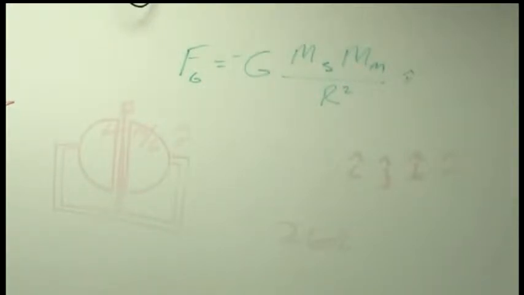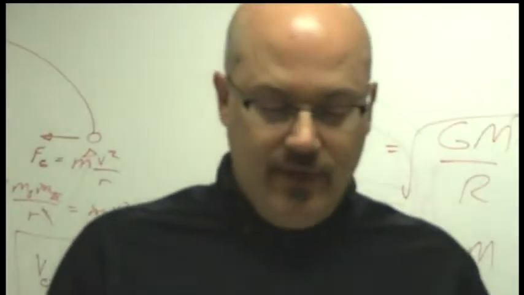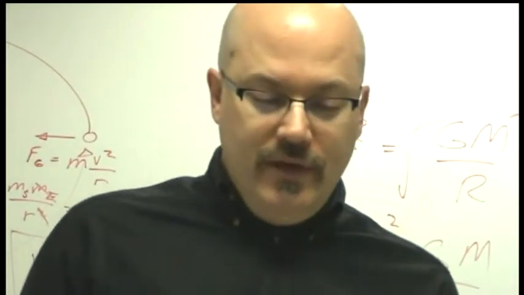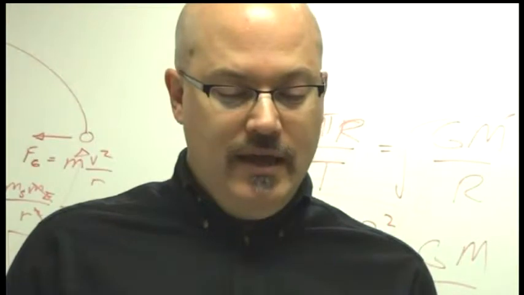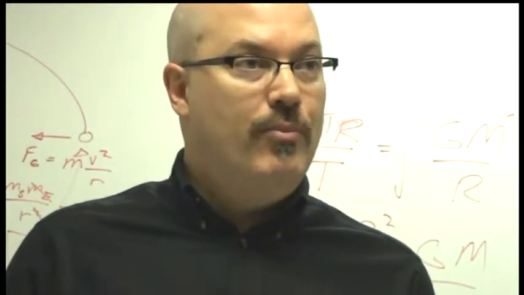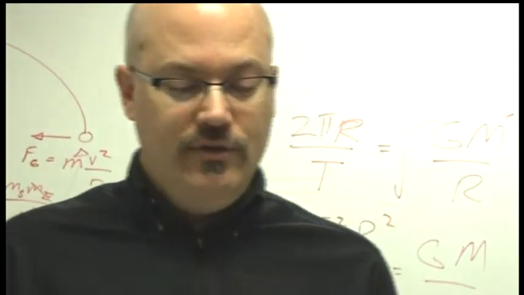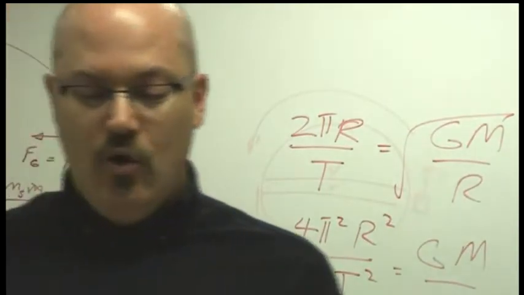All right. Do we actually have to go through all the derivations? Yes. This is worth 3 points. The very first point is for showing that the force of gravity is equal to the centripetal force. So showing that the force of gravity equals mv squared over r.